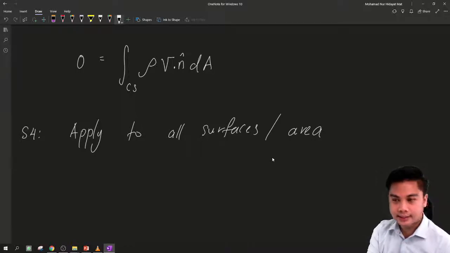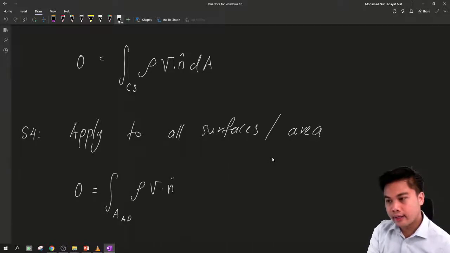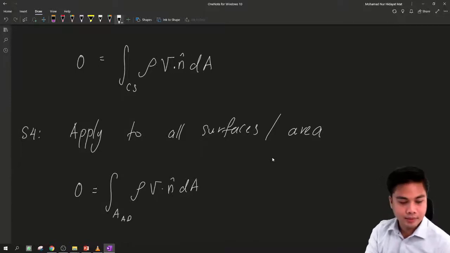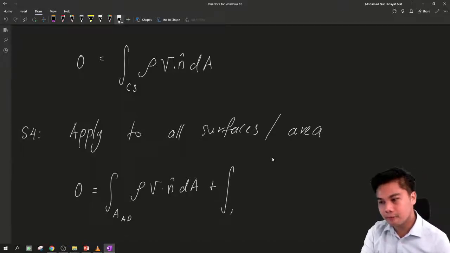In this case, 0 equal to integration of area AD, rho V dot n dA. This is positive because it is out of the control volume. Plus integration of area BC, rho V dot n dA.